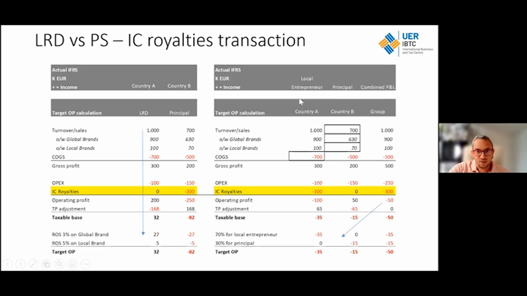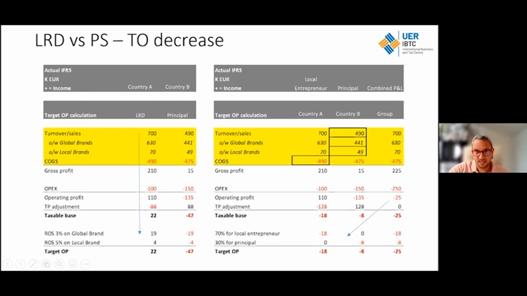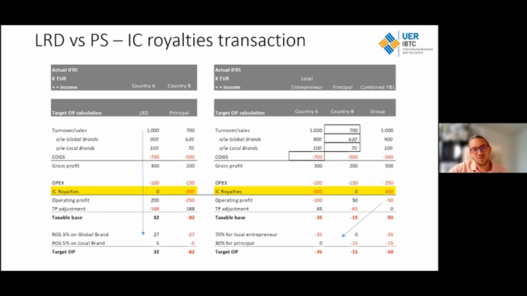Even if turnover remains stable, in this situation we have a decrease of turnover. But this is just a school example, to understand that even if we do not experience a crisis or something like that, it is possible that intercompany royalties decrease the profit to be split in the profit and loss of the entrepreneur or local entrepreneurial principal.